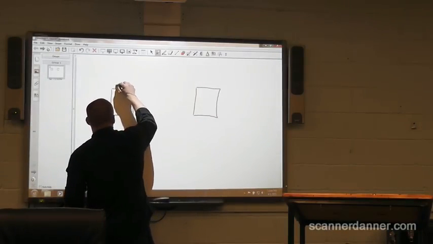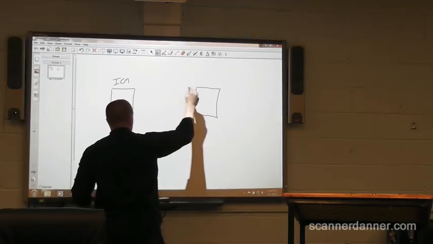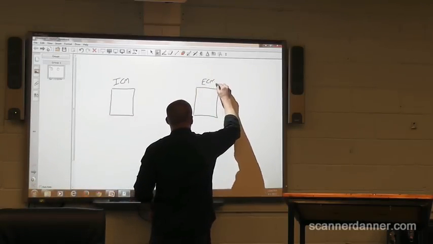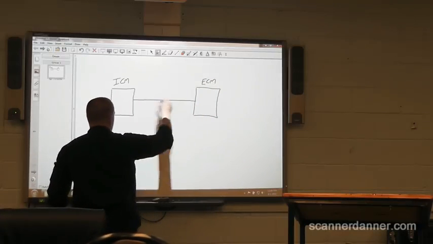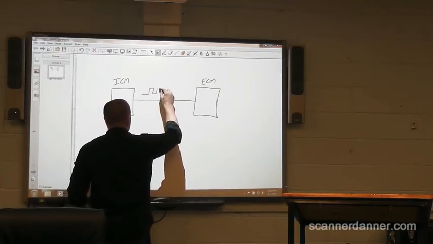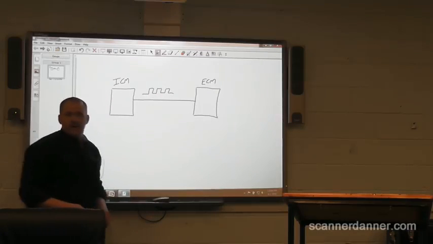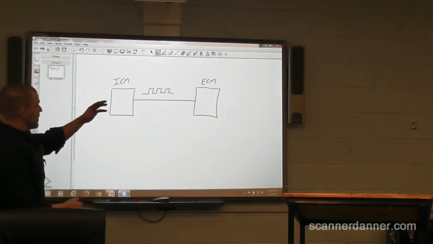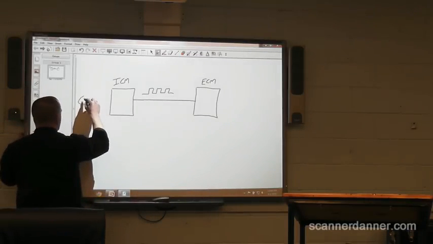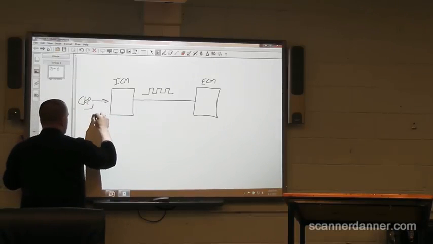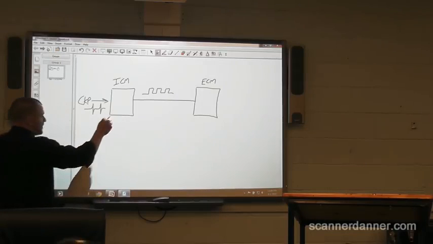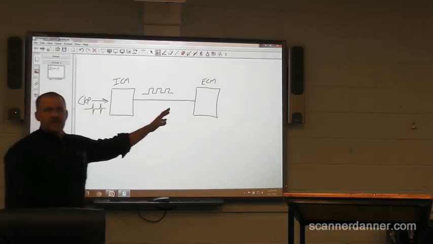I have an ignition control module and I have an engine control module, and these two are talking to each other. The signal on this wire is a 0 to 5 volt square wave. Okay? This signal comes from a crankshaft position sensor signal that comes in. It's actually an AC sine wave that gets converted to a digital signal before it gets sent to the engine computer.